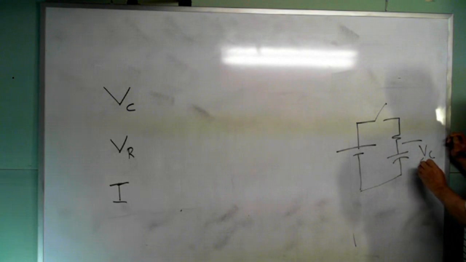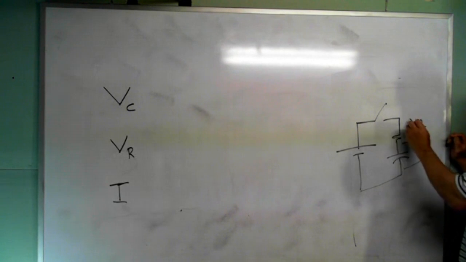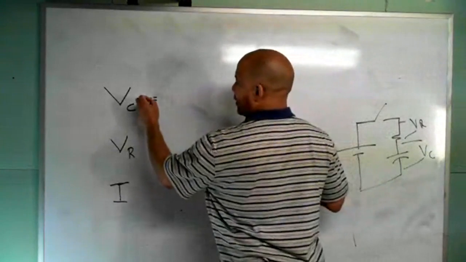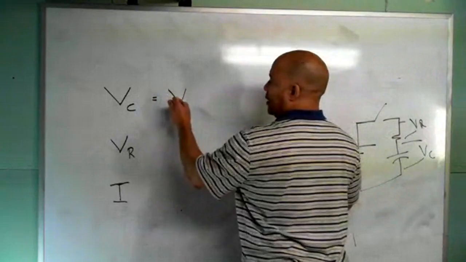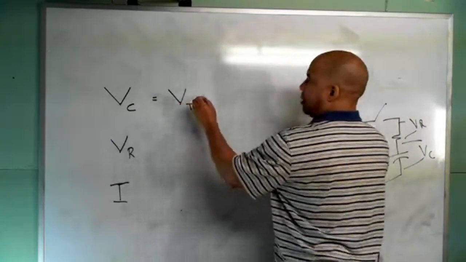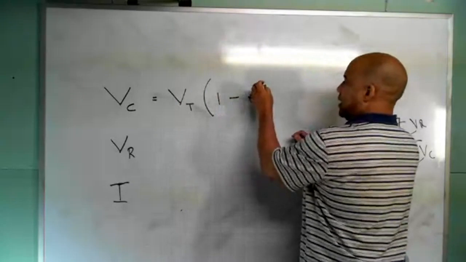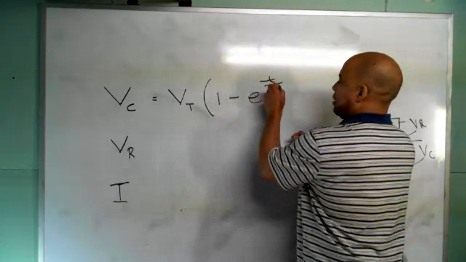VC is the voltage across the capacitor, and VR is the voltage across the resistor. So I can find that like this. VC is equal to V total times 1 minus e to the minus t on tau.